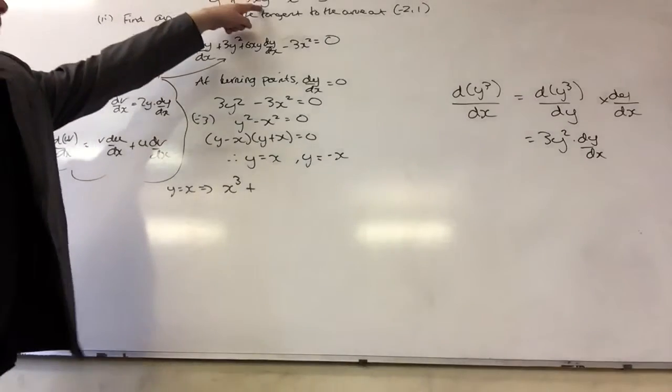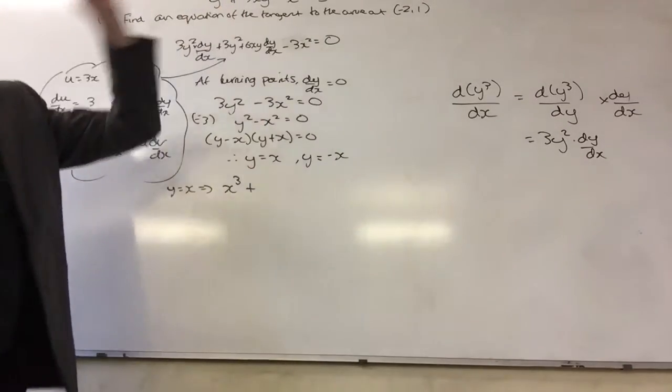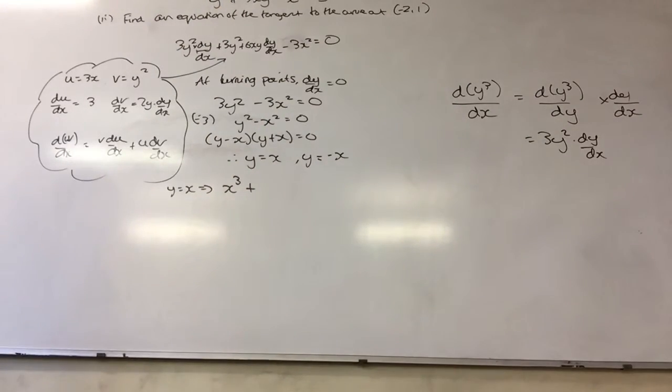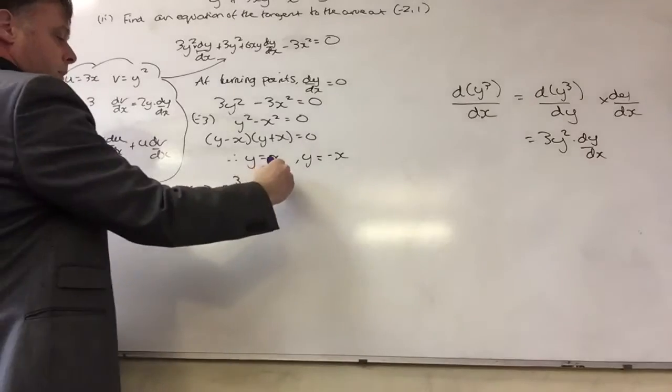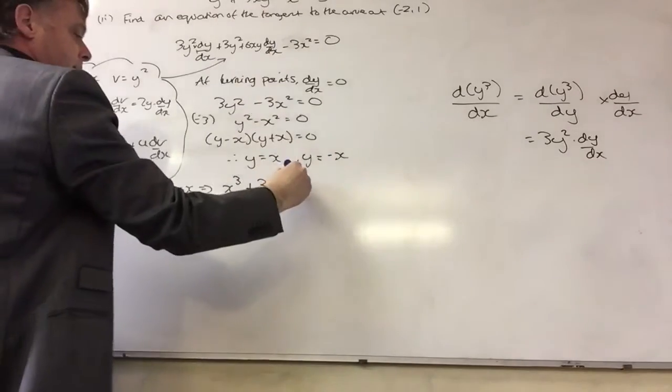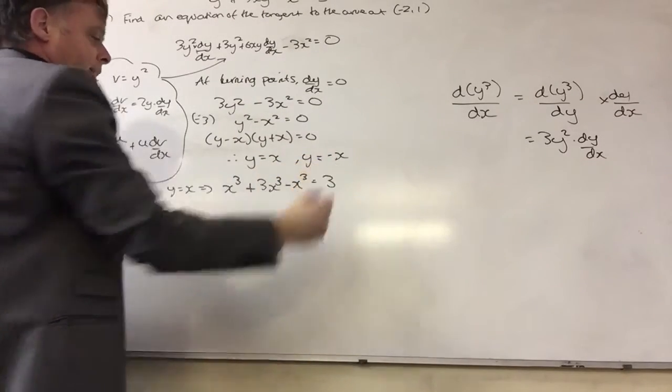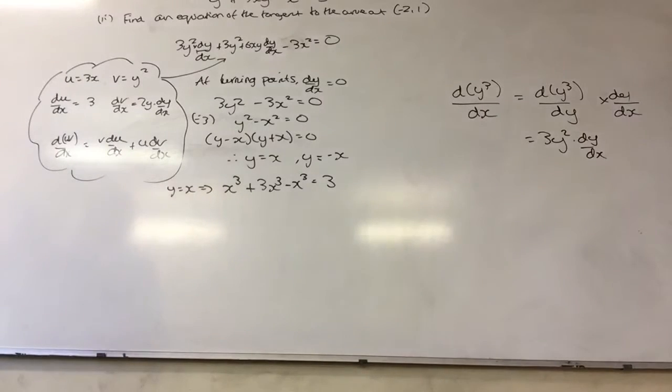So we've got 3x, y is equal to x, so 3x times y squared will be 3x cubed. And then I've got my minus x cubed there, is equal to 3. And as it turns out, in this particular example, it's just an equation in terms of x cubed.